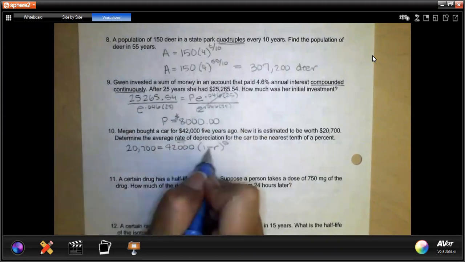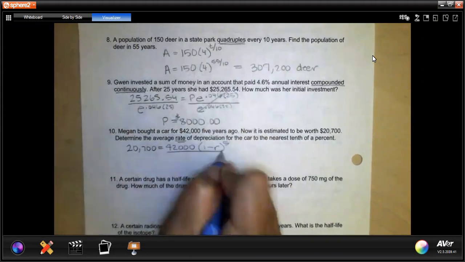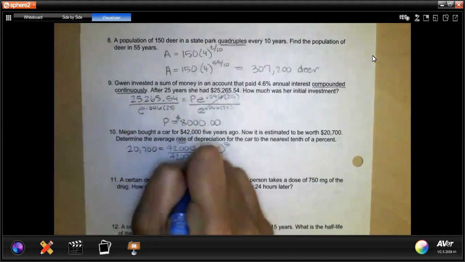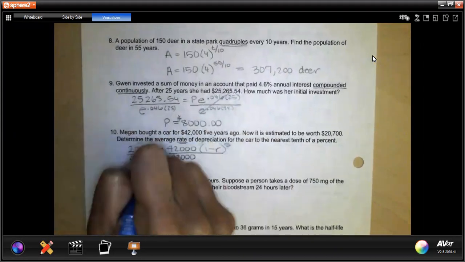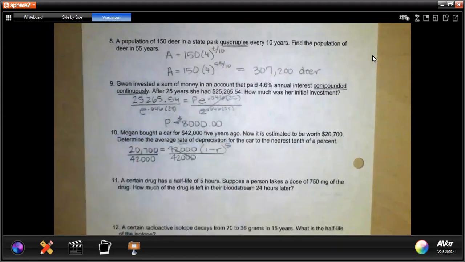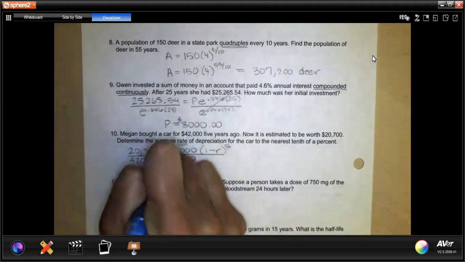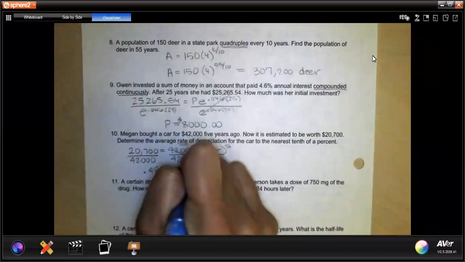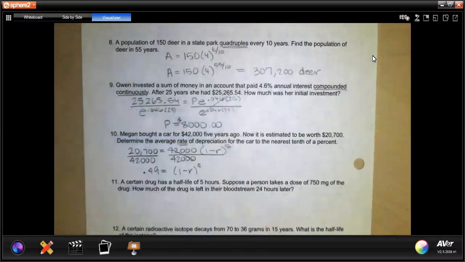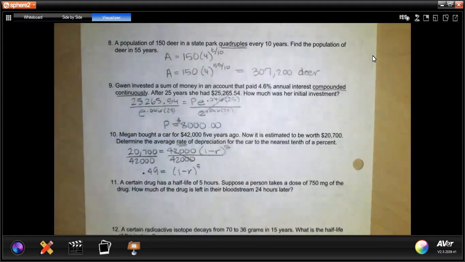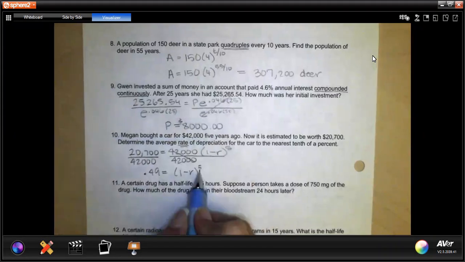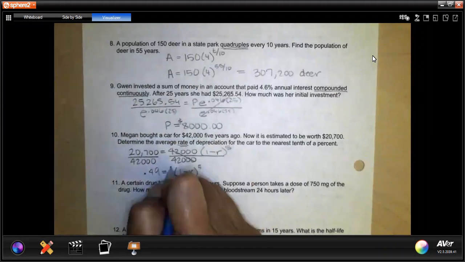These two are being multiplied, so I divide by 42,000. And so that gives us 0.49 is equal to 1 minus r to the 5th power. In this case, our variable is inside of this 5th power here. So to get rid of the 5th power, we take the 5th root.